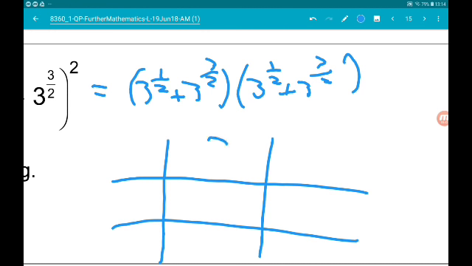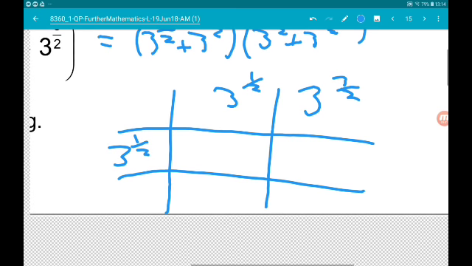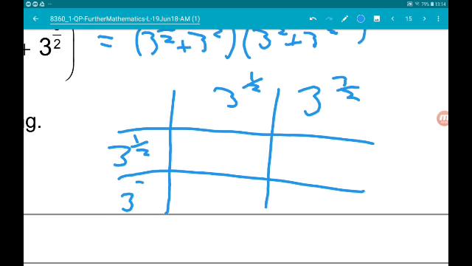So we're going to have 3 to the 1/2 there, 3 to the 3/2 there, 3 to the 1/2, 3 to the 3/2. So remember, by the rules of indices, when you're multiplying the same base number together, you add the indices.